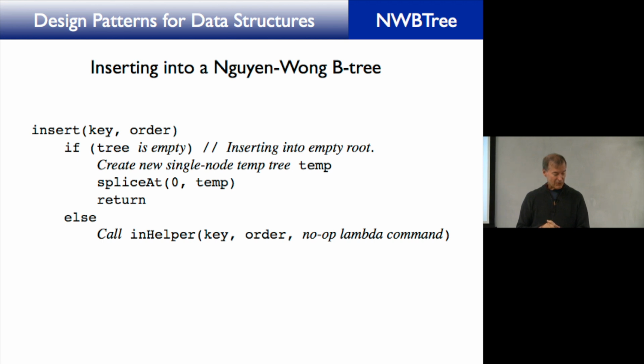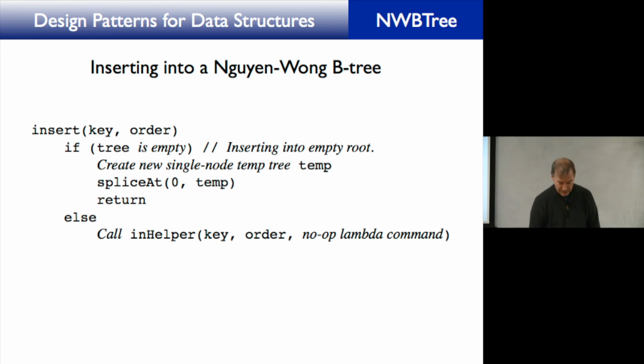The second one is the order of the tree, which is fixed once and for all for the lifetime of the tree. And the third one is that command. This is a parameter whose type is a function, and we are giving it the no-op command, the function that does nothing. We'll see why in a minute. So that's else call in helper, right?